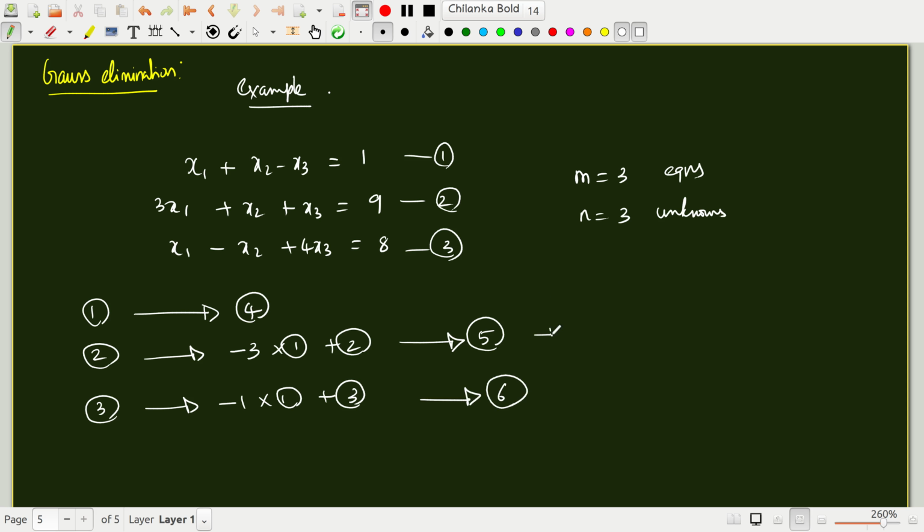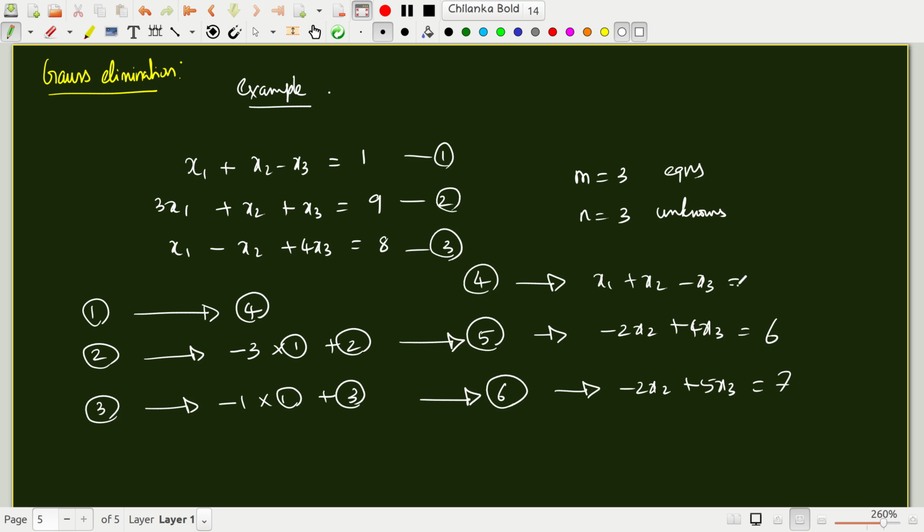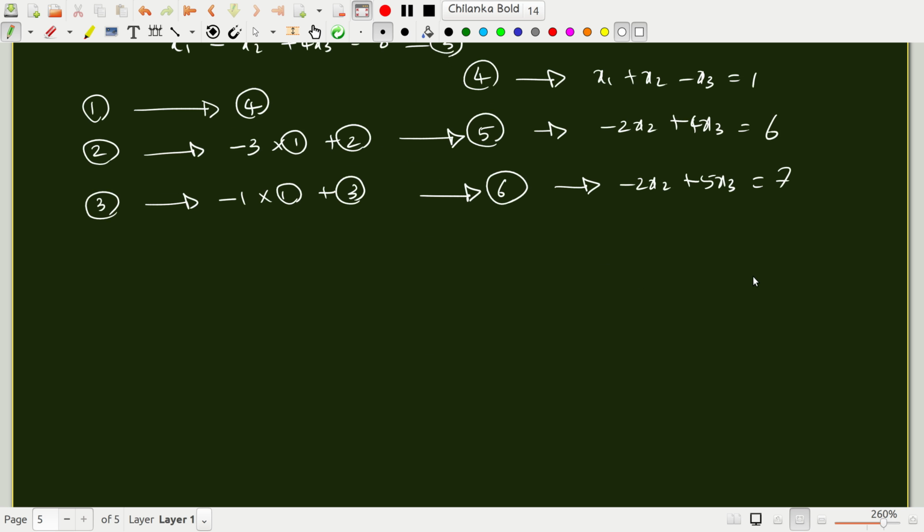So what are these three equations? Equation 5 is basically minus 2x2 plus 4x3 is equal to 6. Equation 6 is basically minus 2x2 plus 5x3 is equal to 7, and of course the original equation remains as such as 4: x1 plus x2 minus x3 is equal to 1. Now we want to reduce it such that the final equation should have only x3.